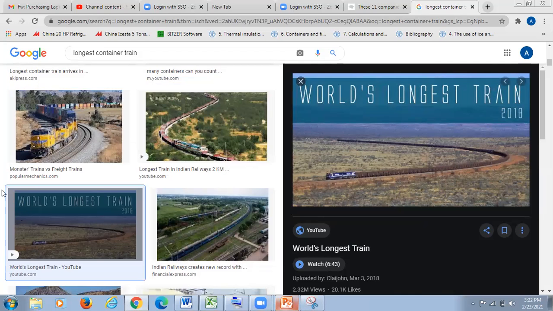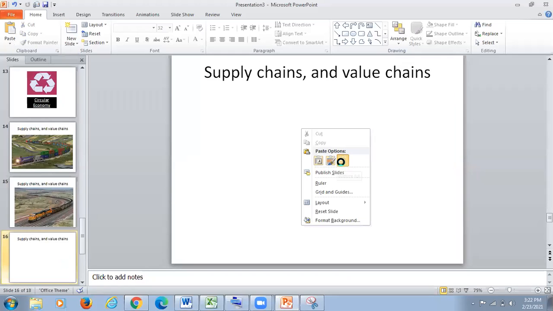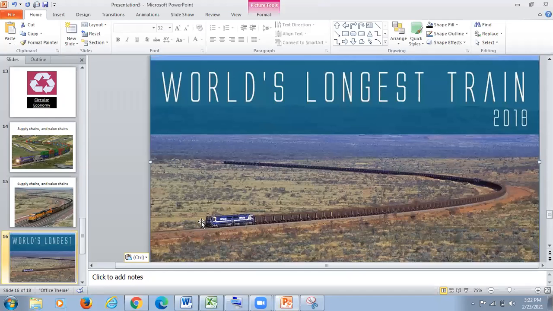Of course, it's good to see how people are making this longest train. All transporting goods.